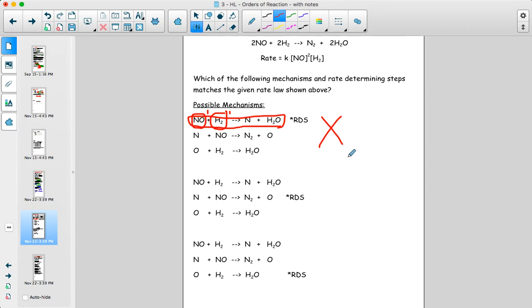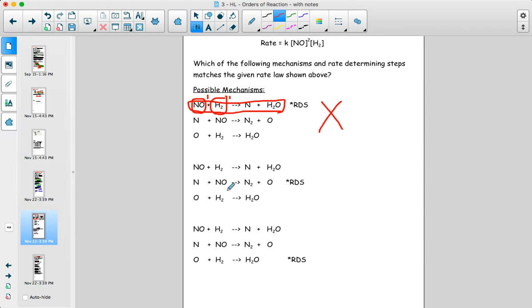If I do this one, the rate determining step means I would have this to the first and this to the first, but because N is an intermediate, I need to replace it with what formed it. These are the reactants that formed N, first and first. And so when I combine all these together, I would get NO squared because NO has been used twice.